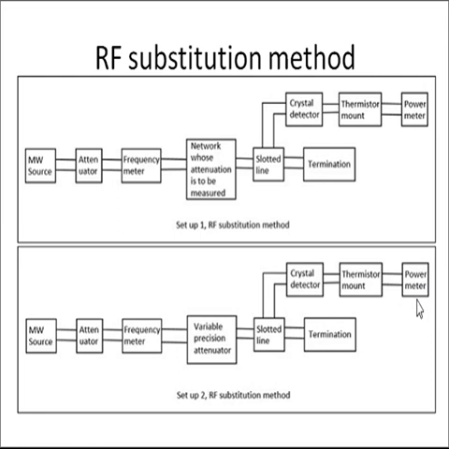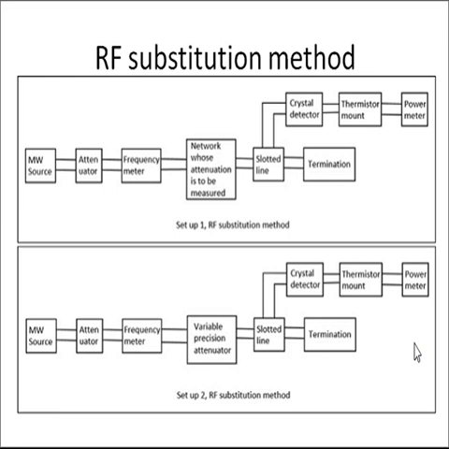Let it be 20 milliwatts. Now we are going to vary the controlling knob on the attenuator in setup 2 such that the power meter in setup 2 shows the same reading as the power meter in setup 1. That is, the two power meters in the two setups have to show the same reading. Suppose the power meter in setup 1 has indicated 10 milliwatts.